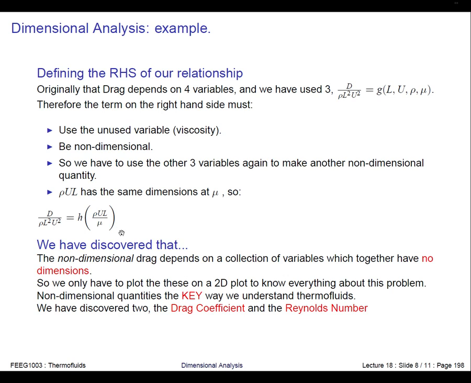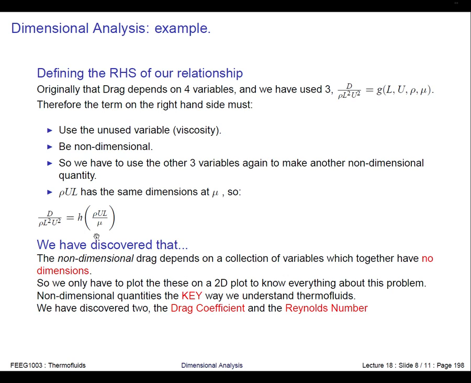If you remember the lab that you did back in week 1 or week 2, you had a dye in a channel, and when you turned the flow up, the dye became chaotic and diffusive, and it disappeared. That's when the Reynolds number went beyond a critical value, and you went from a laminar to a turbulent flow. This transition is really important when you start working out the drag.